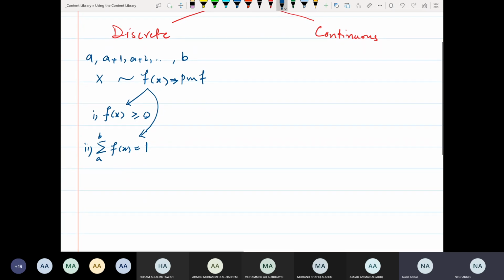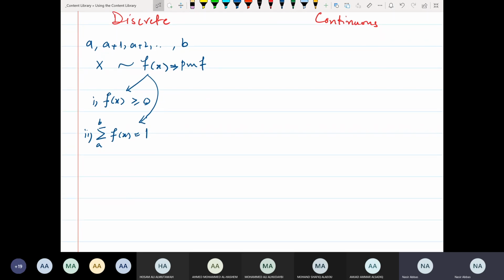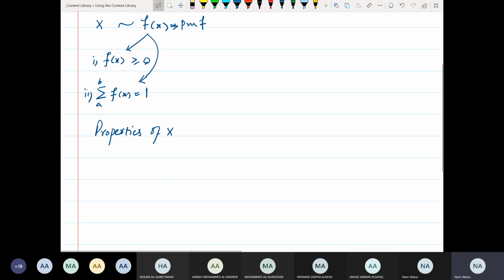And using this probability mass function, you talked about some properties of discrete random variables. You found the mean of X, which is summation X times f of X. You found the variance of X, which is summation X squared times f of X minus mu square.